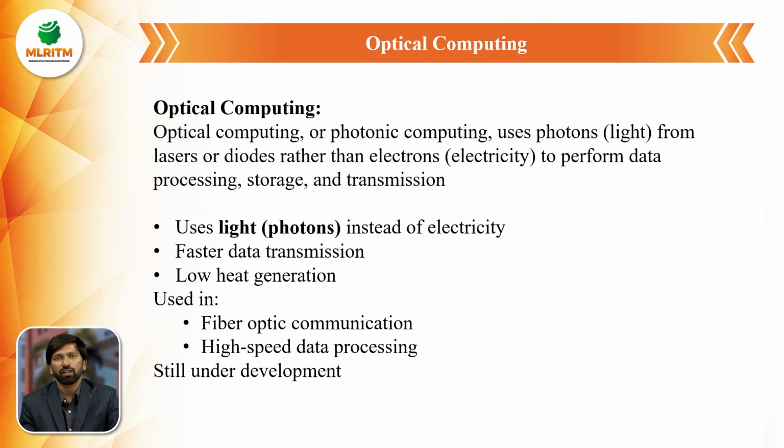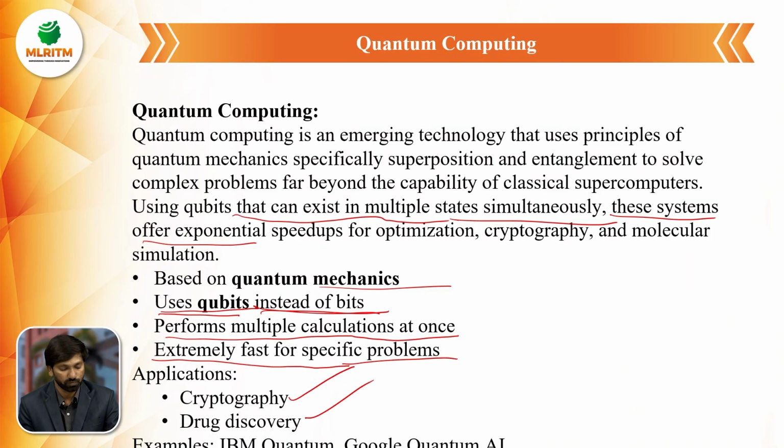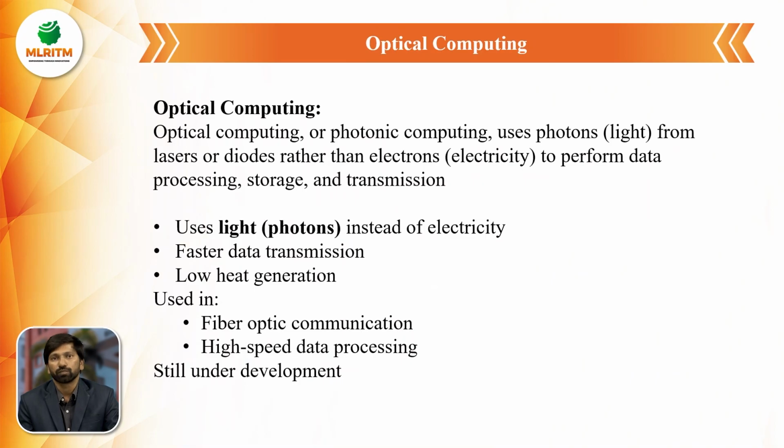Next, optical computing. First of all, we have to know about optical computing, or photonic computing. Photonic computing uses photons. Photons means light beams from lasers and diodes rather than electrons.